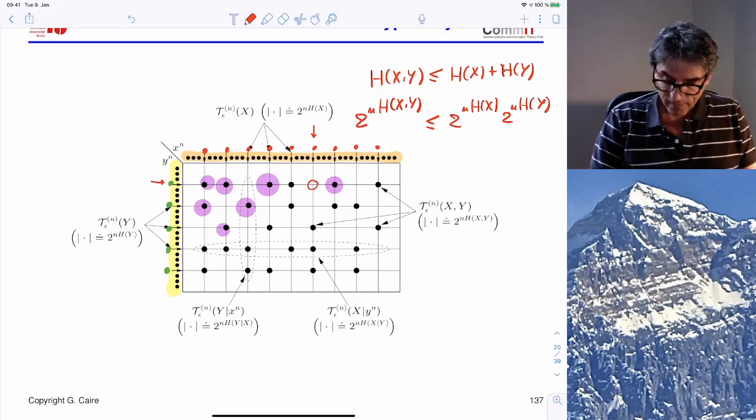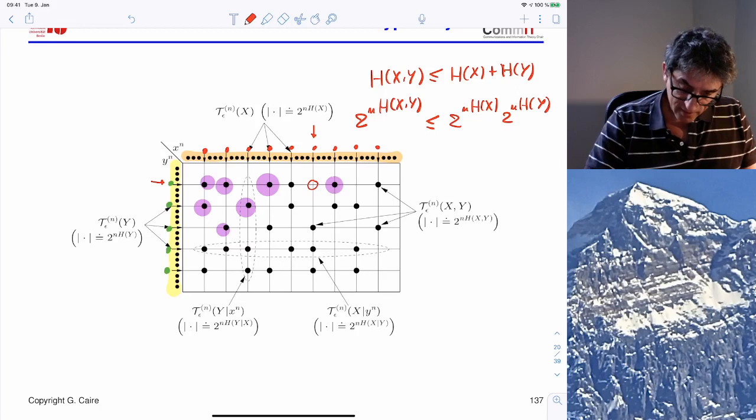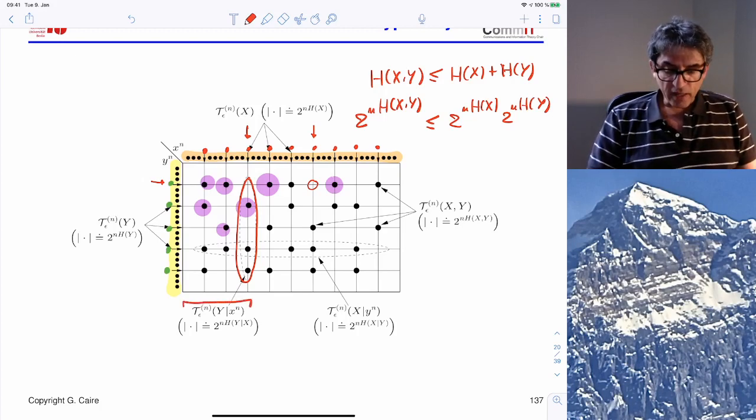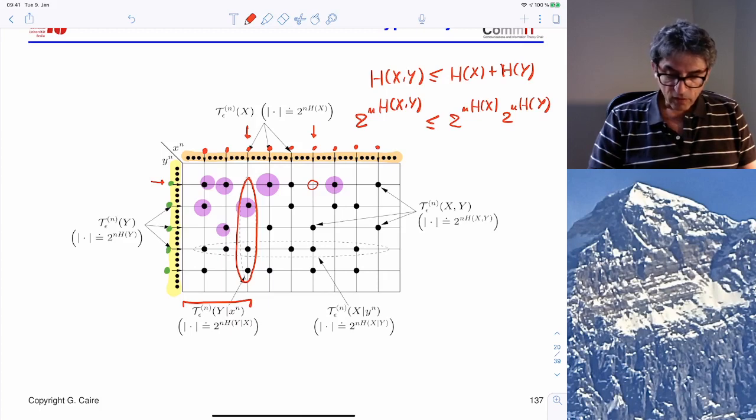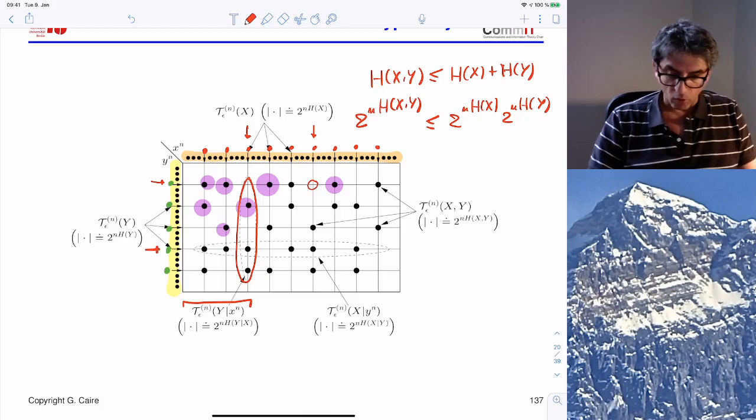Okay? And then, for every typical sequence x, for example, for this one, there is a set of sequences y which are jointly typical with that specific x, and this is precisely the conditionally typical set of y given a specific x. And the same happens for y.